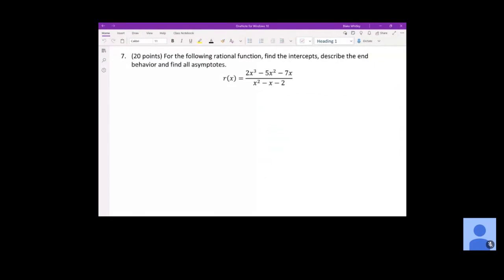All right, so number 7 from the practice test. We're basically looking for x and y intercepts and all the asymptotes. Okay, so those are the things I'm going to be looking for on the actual test.